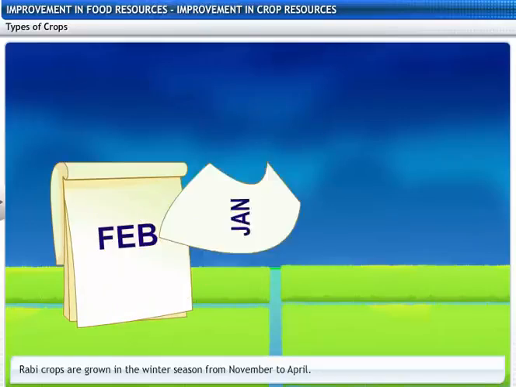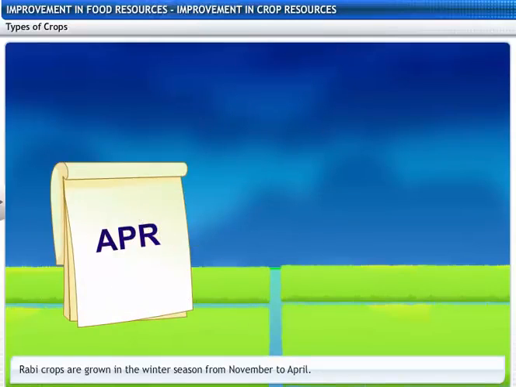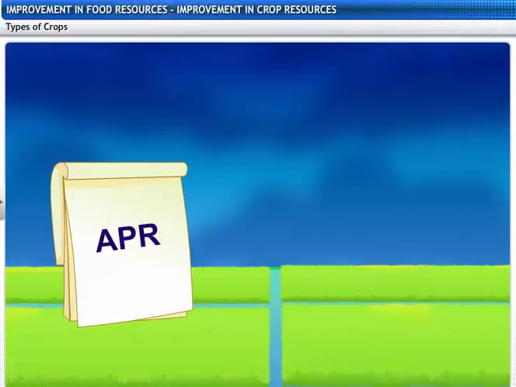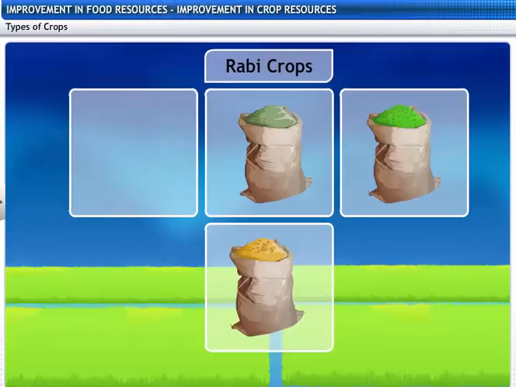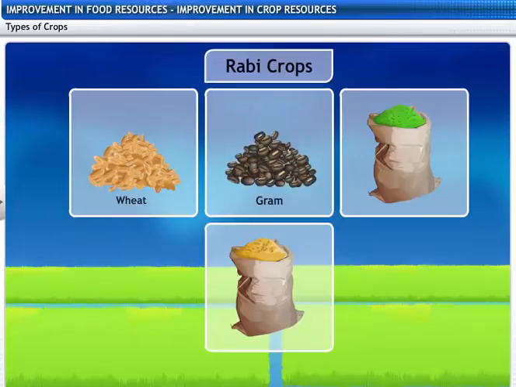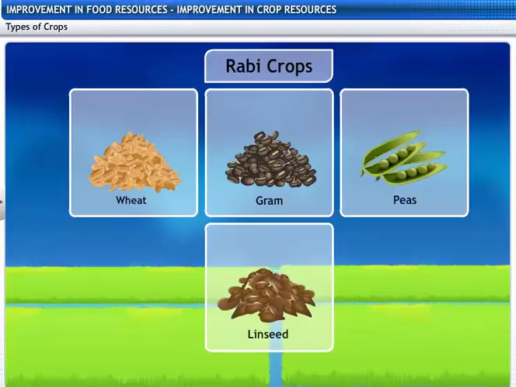Rabi crops are grown in the winter season from November to April. This season is called Rabi season. Wheat, gram, peas, and linseed are Rabi crops.